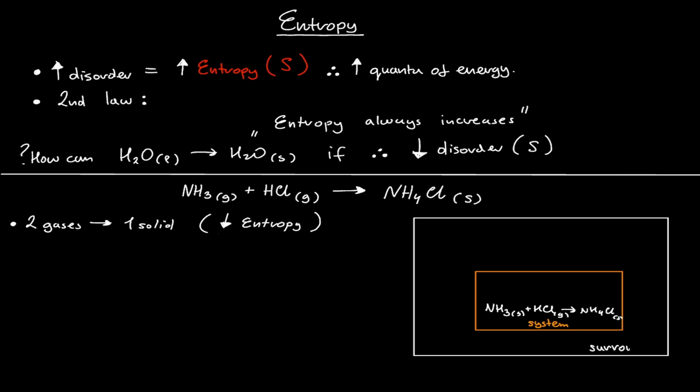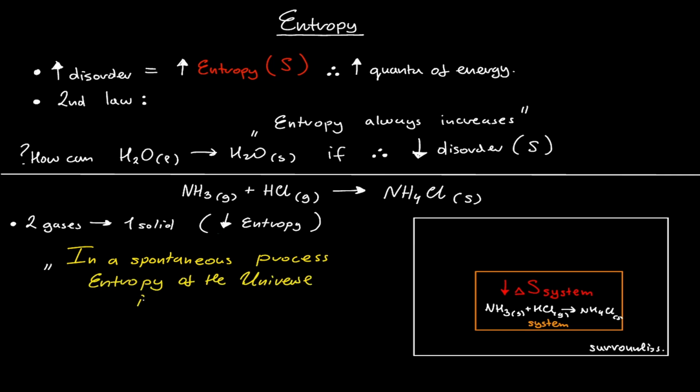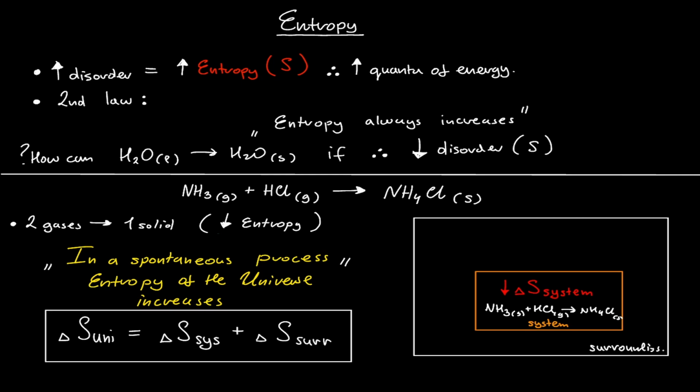And so we need to adjust our previous statement. Entropy of the universe increases in a spontaneous process. Even though the entropy of the system decreased drastically, in order for this reaction to be spontaneous, delta S of the universe total should be positive. So we can see clearly here that delta S of the surroundings compensated for that massive decrease in entropy of the system because this reaction is exothermic.